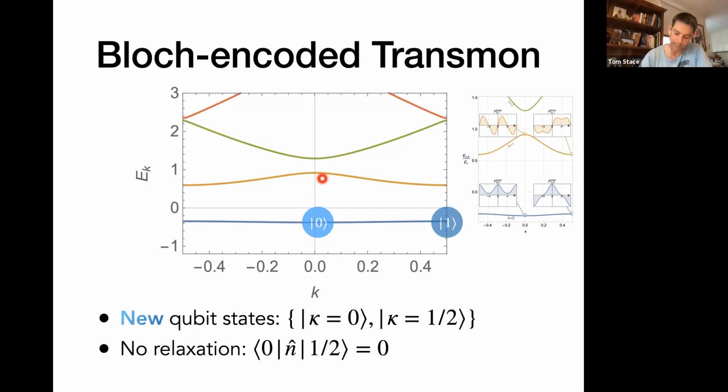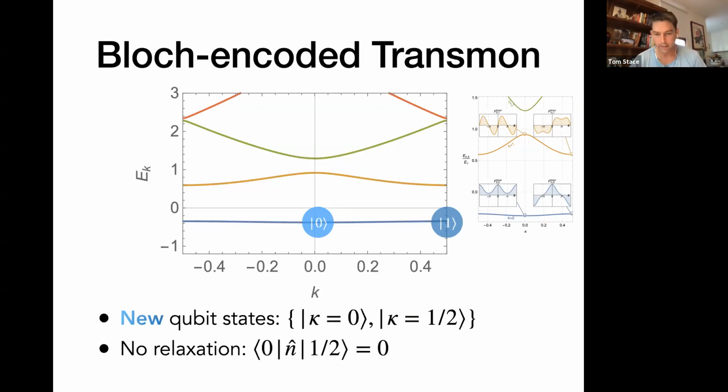There is still, of course, relaxation from up here down to here, or from this state down to here, but there is no transition between these two states. Even though they're not degenerate, they're distinct energies, there's no matrix element in the charge operator that connects them.